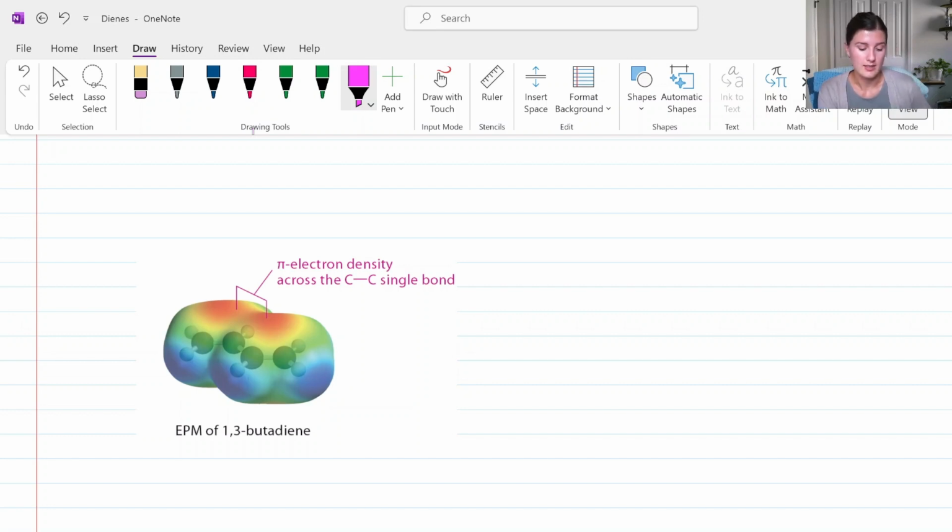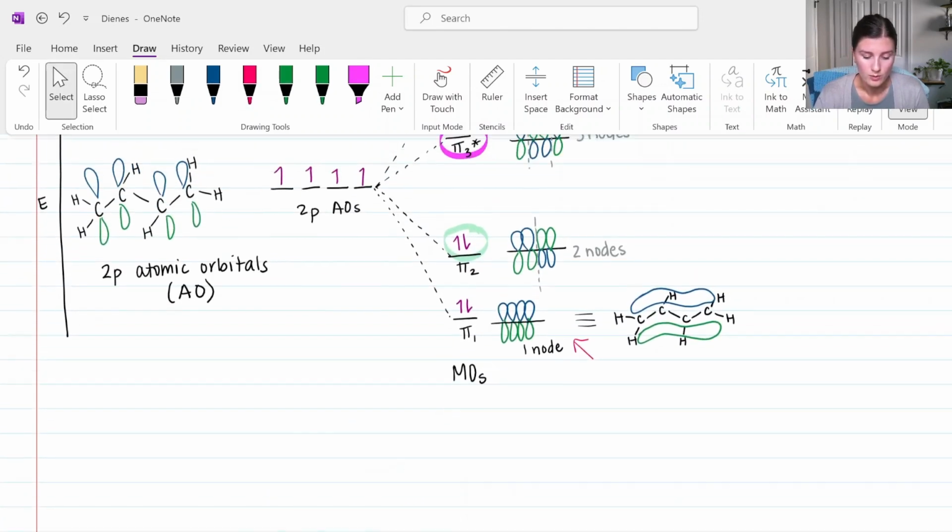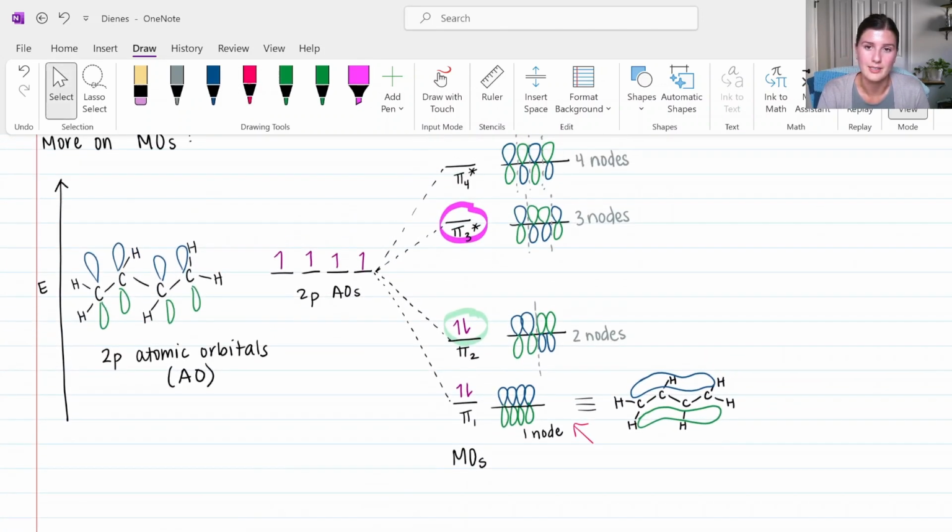And in this electrostatic potential map, we can see that the high density of electrons, so the red color, is shared across that carbon-to-carbon single bond. This is where that single bond is. Then we have double bond and double bond, and so that electron density is shared across that double bond, and that aligns with this lower energy molecular orbital here.